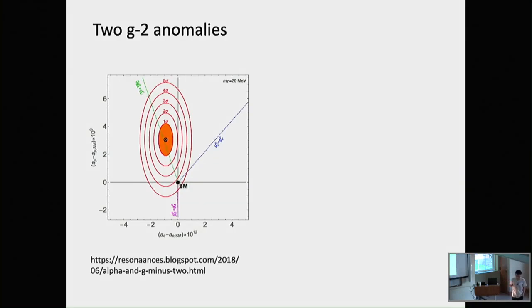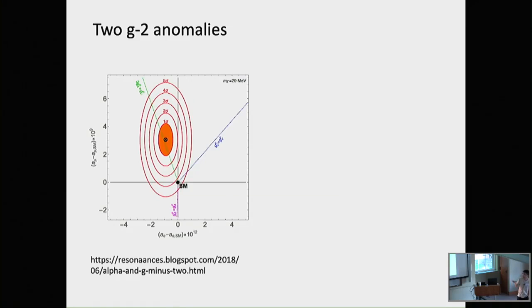Now, the dark photon doesn't work for the 2 anomalies. Is there any theory that can explain both of the anomalies at the same time? We found this figure online. It's very interesting. The y-axis is the muon g-2 anomaly, and the x-axis is the electron g-2 anomaly. According to the standard model, both of the anomalies should be 0, but overall there's already more than 4 sigma away from the standard model prediction.